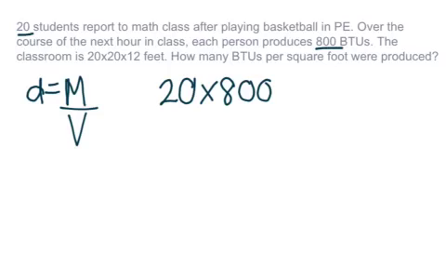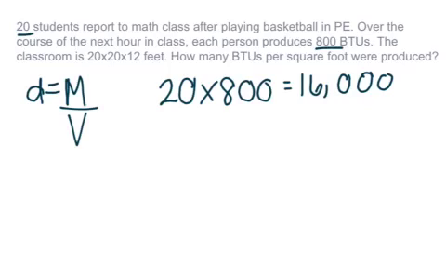We need to find the total amount of BTUs given out, so we have about 16,000 BTUs produced by those 20 people. Remember, we still release heat, like our body heat. Not just people, objects can have BTUs too.